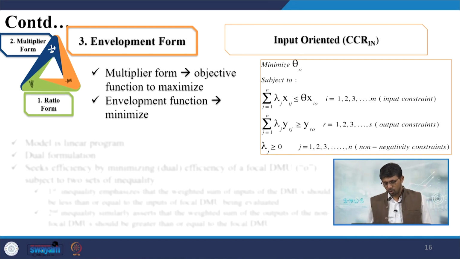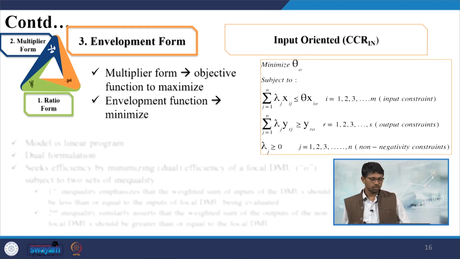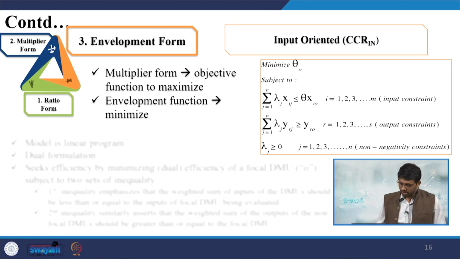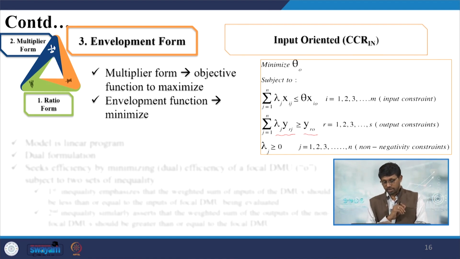Then in the case of outputs, since we get the input score, the minimization of the input score through the envelopment form, the output must be greater than or equal to the output of the DMU under evaluation.